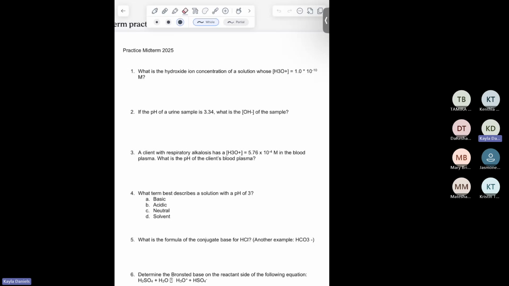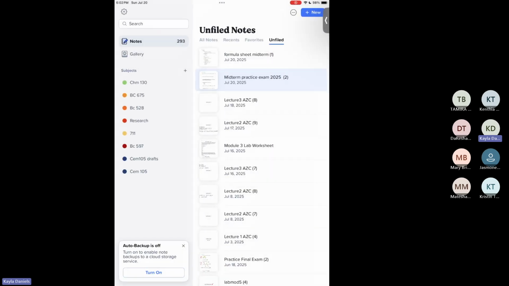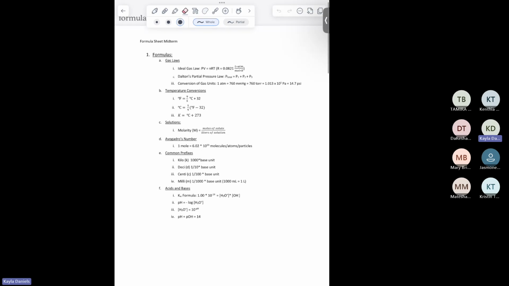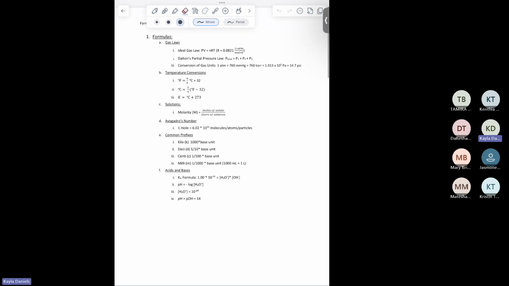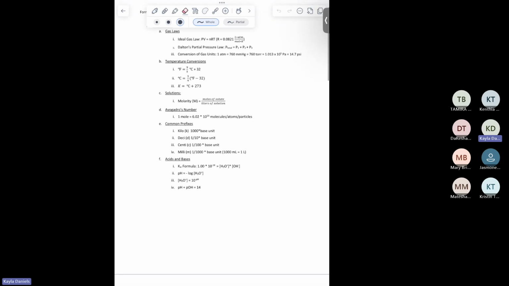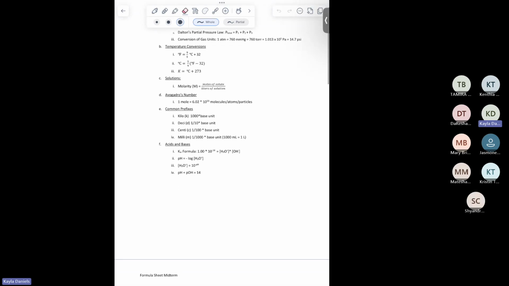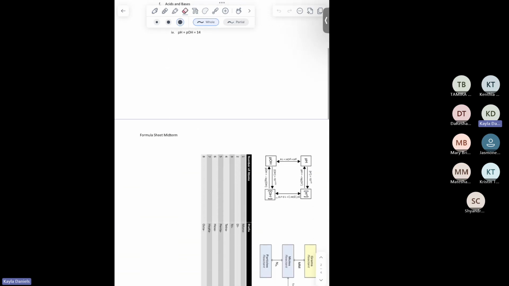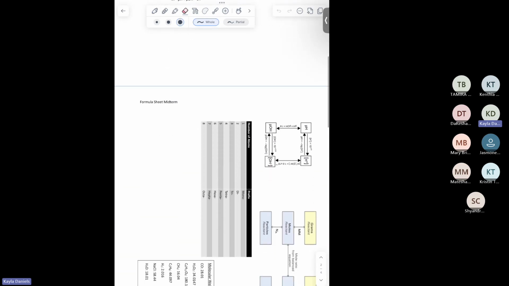Before we start, your formula sheet that I'm going to give you looks like this. We have gas laws and that conversion, temperature, a reminder of big M, Avogadro's number, common prefixes, the acids and bases stuff, and the same acid base square.